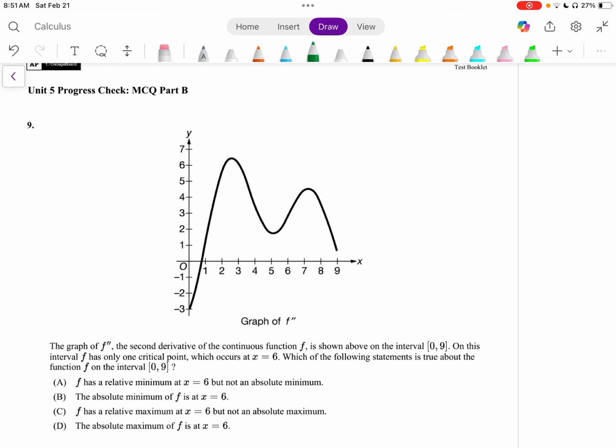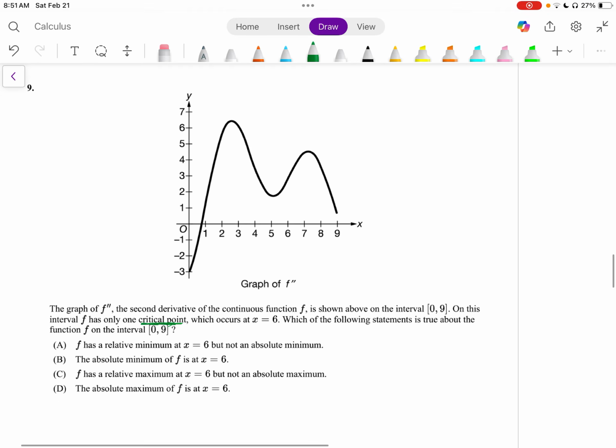All right, number 9. The second derivative of a continuous function f is shown above on the interval 0 to 9. On this interval, f has only one critical number, which occurs at x equals 6. Which of the following statements is true about the function on 0 to 9? So it only has one critical number at x equals 6. This is the second derivative.